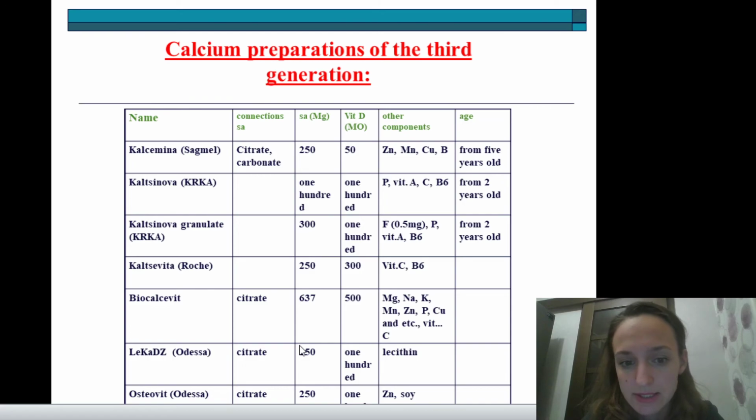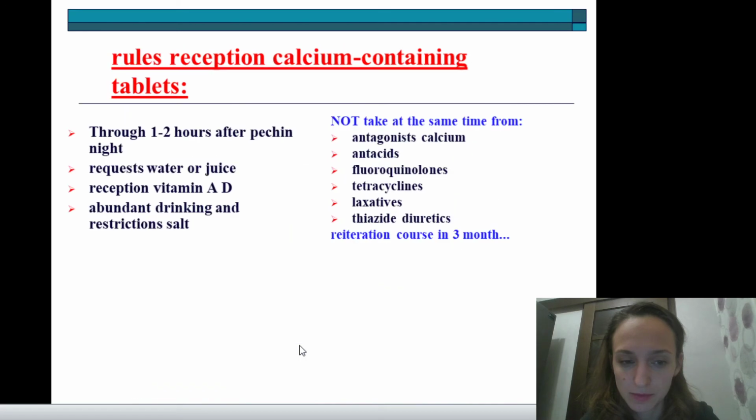And here you can see other components in these supplements, and you can see age from 5 years old, from 2 years. So when you can prescribe this supplement, you don't prescribe this supplement for a child on your own, because you should do a joint consultation with a pediatrician, please remember.